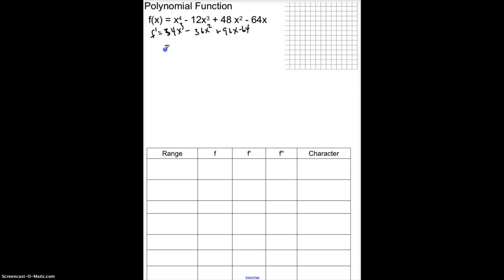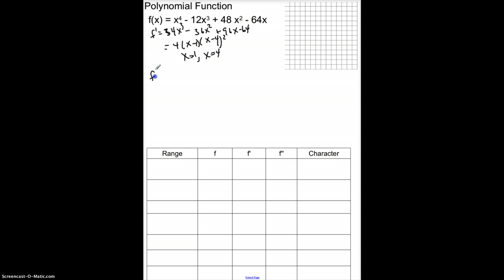Now I'm going to go on and factor this as 4 times (x minus 1) times (x minus 4) squared. Why? Because I'm going to be looking for zeros. This is 0 when x is 1 and x is 4.